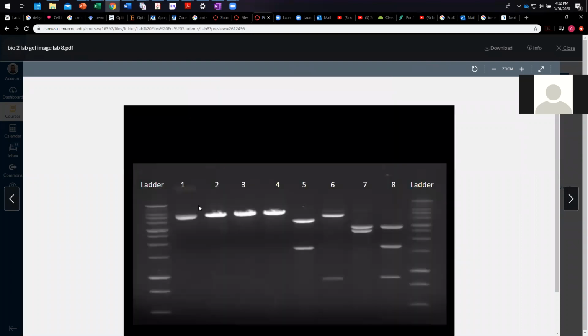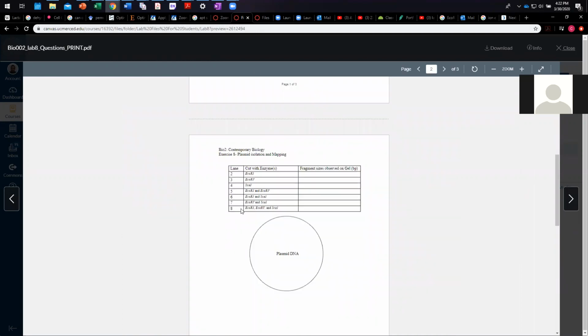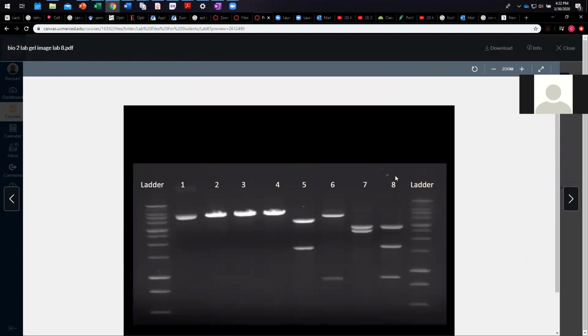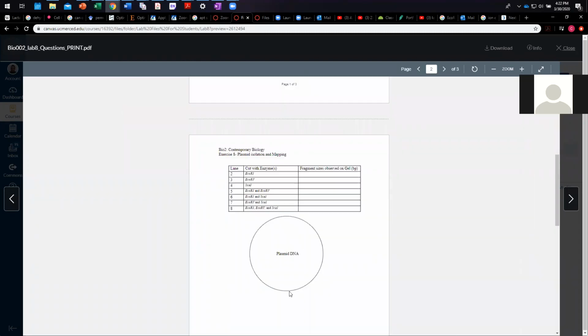So I go back up here, and this is your lane 2, that's EcoRI. Lane 8 is all three restriction enzymes. You have three fragments because you have all three restriction enzymes producing three cuts.